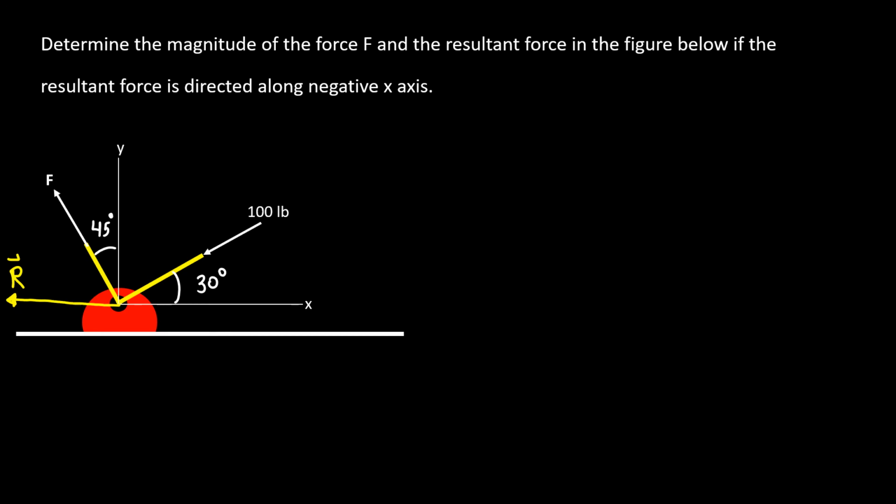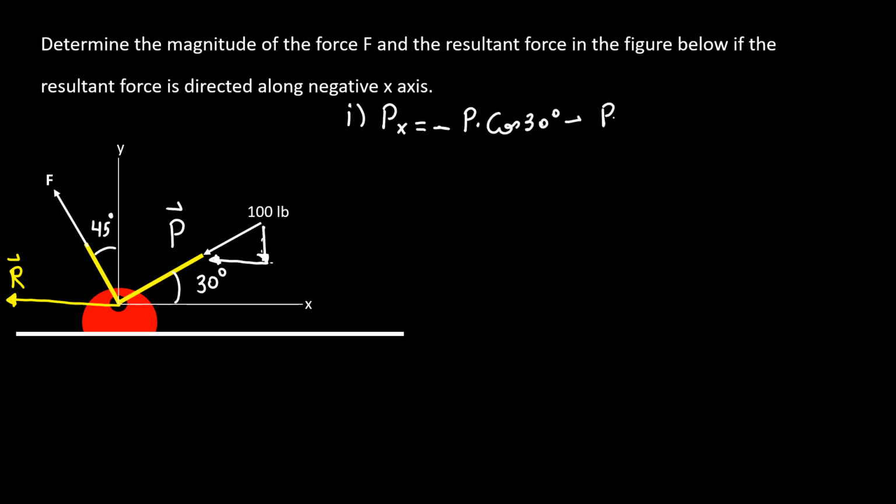Now we're gonna start the same way we started the last exercise. We're gonna call here our vector P. So our Px will be minus, because now I'm pointing to the negative direction of my x-axis. So here will be minus P times cosine of 30.